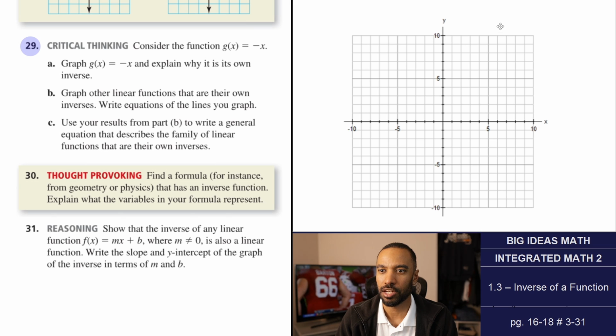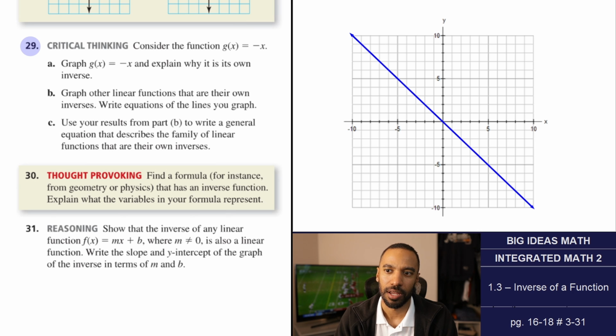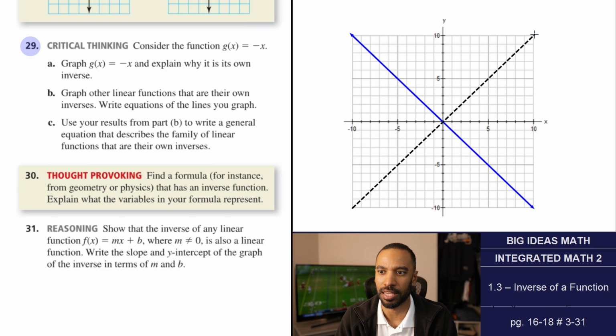Okay, so let's go ahead and draw this graph. Now, g of x equals -x is simply -1x plus 0: down 1 over 1 from here, over and over, and up 1 left 1 from here. Remember, an inverse of a function is the set of points that reflects across the line y equals x, like this.